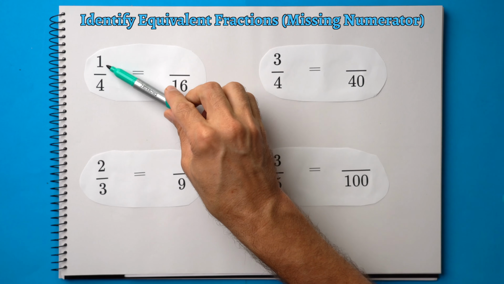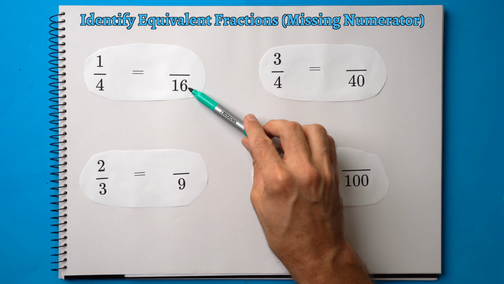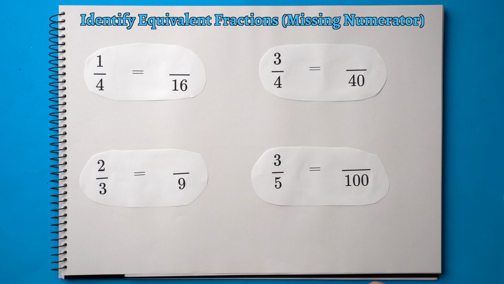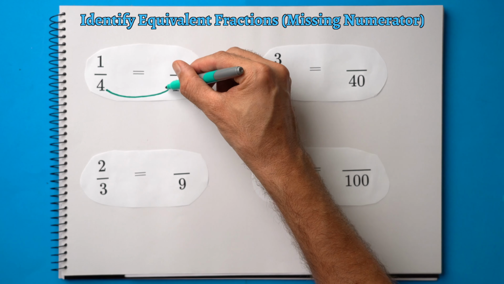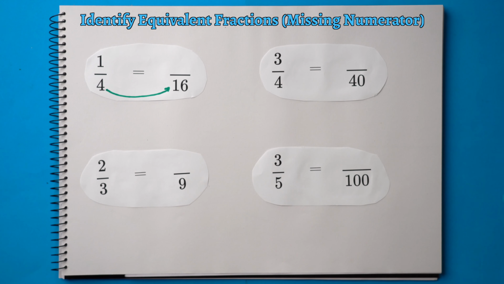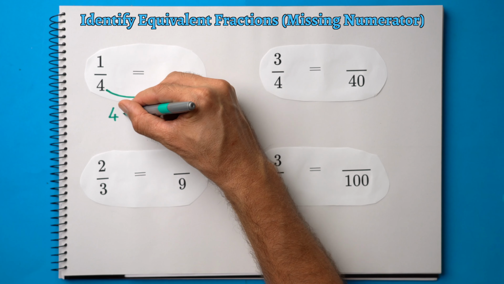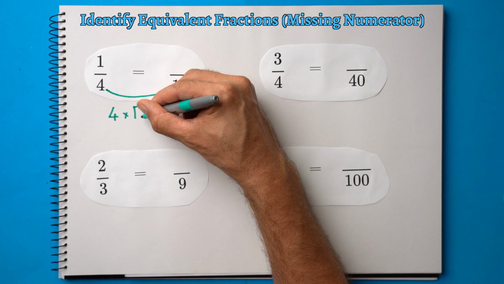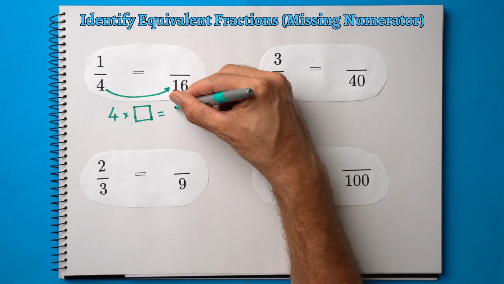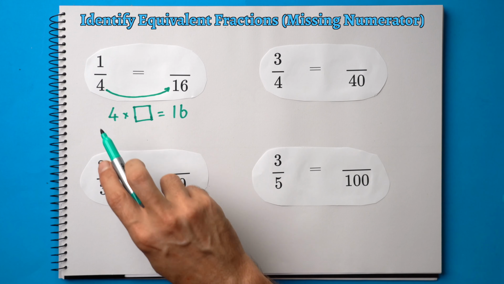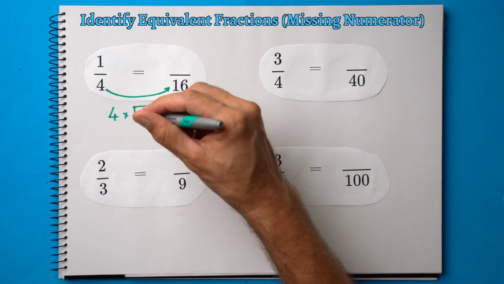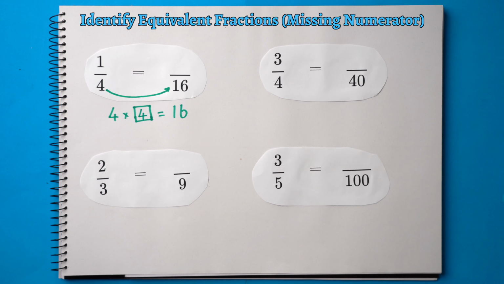Here we've got 1/4, and we have to work out what it is over 16. First thing is our denominator is getting bigger. And it's getting bigger by how much? We've got 4 times what is equal to 16. And we know 4 times 4 is equal to 16.